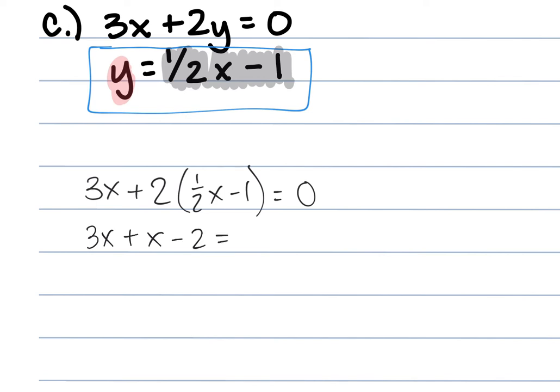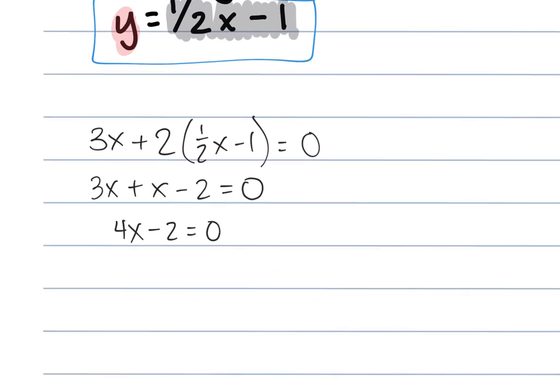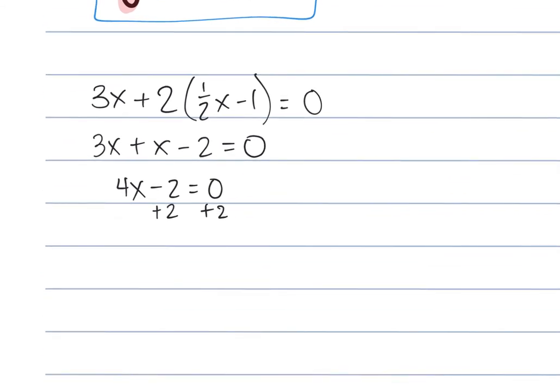Equals 0. Beautiful. From here, Emma? You add 3x and x. Yep. So I got 4x minus 2 equals 0. What else, Emma? And then you add 2 to both sides. Good. Keep going. And then you get 4x equals 2.